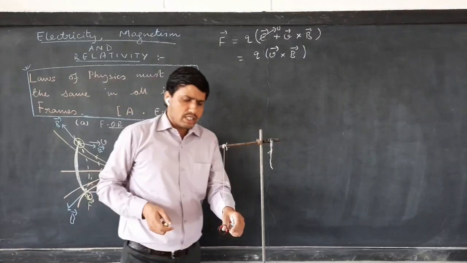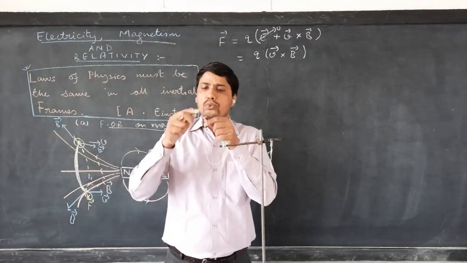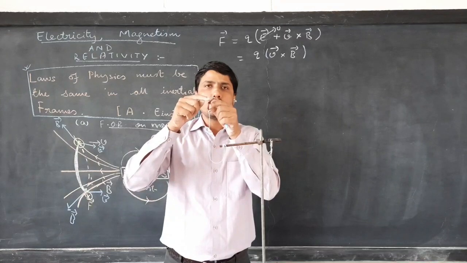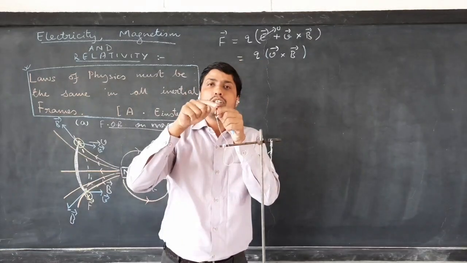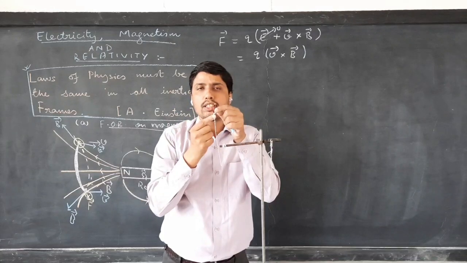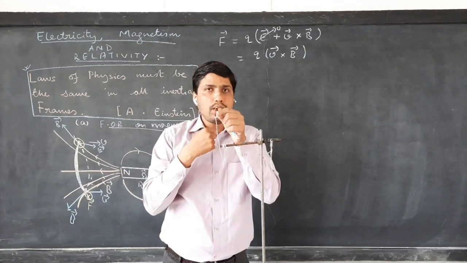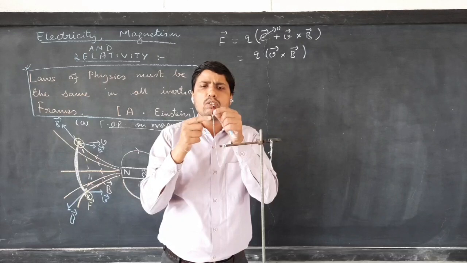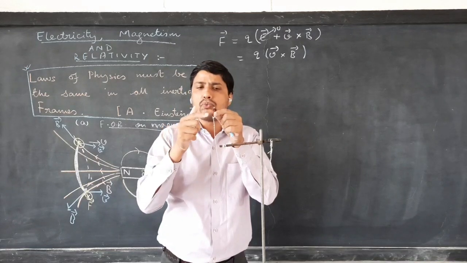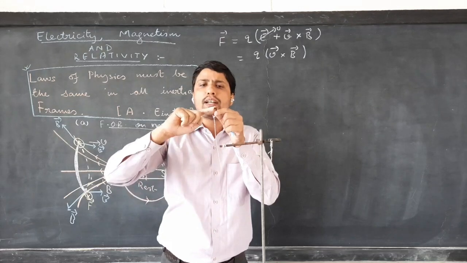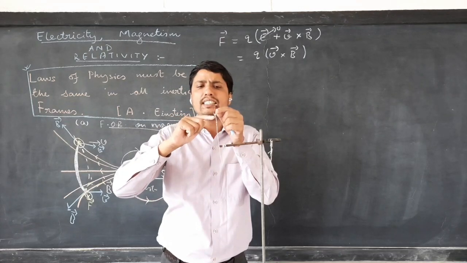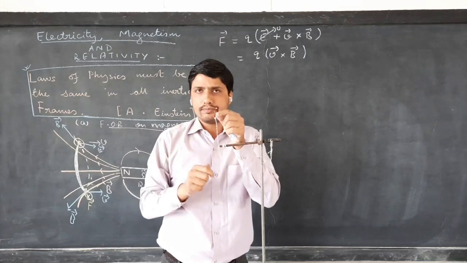So what we discussed just now is that the force on the electrons which are at the top, which are moving in that direction relative to the magnet, is towards you, and the force on electrons at the bottom is towards me or towards the board. Likewise, you can use right hand rule to find q v cross B direction at different points. You will find it will be along the tangent to the loop.